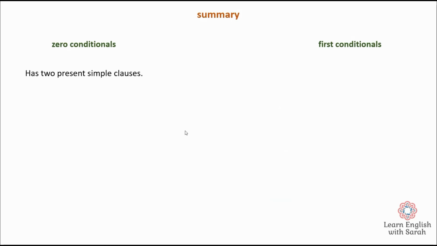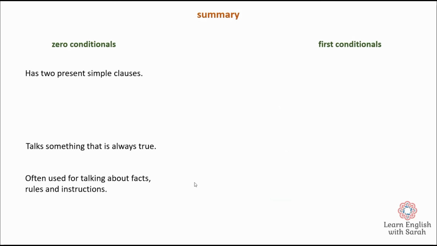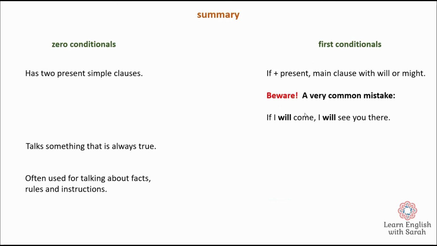Alright, so a very quick summary for you then. Zero conditionals have two present simple clauses. They talk about something that is always true, and they are often used for talking about facts, rules and instructions. First conditionals. They have an if clause with a present tense and a main clause with will or might. Now beware, this is a super common mistake, and that is to use two future tenses, and I see this a lot.